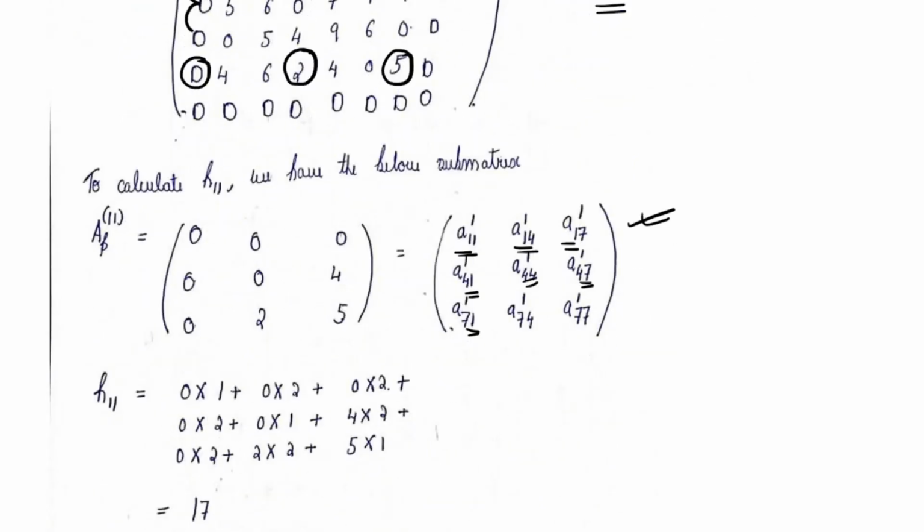To perform the convolution operation, we multiply the submatrix values with the kernel values, and we obtain this. So these were the values which we were able to extract. A11 dash was 0, A14 dash was 0, A17 dash was 0, and all the values were taken from the matrix only. And then H11 comes out to be 70.